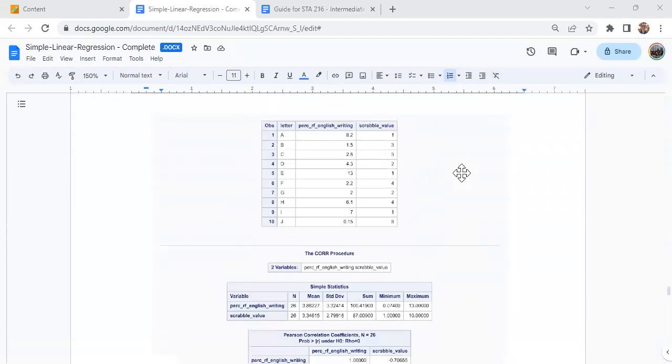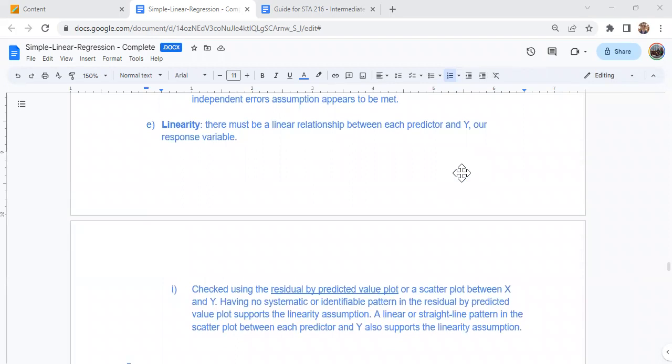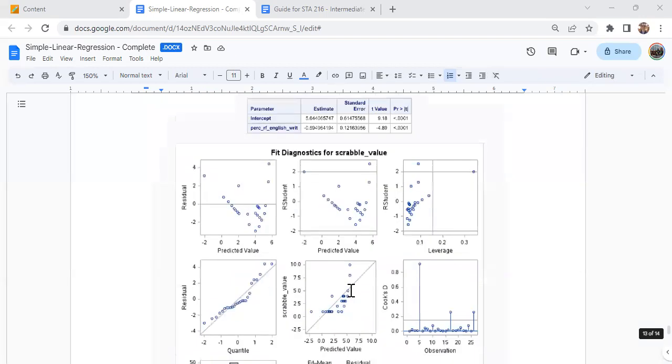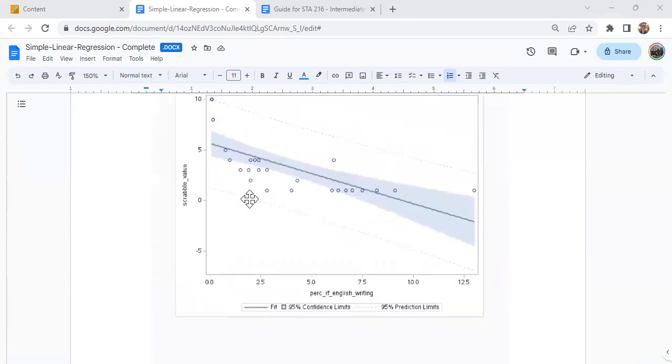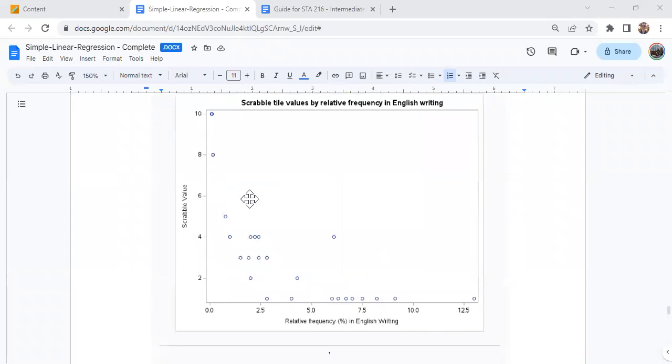The textbook, which I was not aware of until I taught this class, to be honest, one of the textbooks for this class says you can look at the residual by predicted value plot, and if there's no apparent pattern, that also suggests there's a linear relationship between X and Y. But I kind of disagree with that a little bit, because here there's no predictable pattern, yet when you look at the scatter plot, to me that's non-linear.